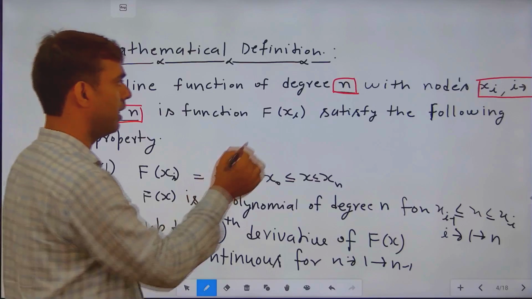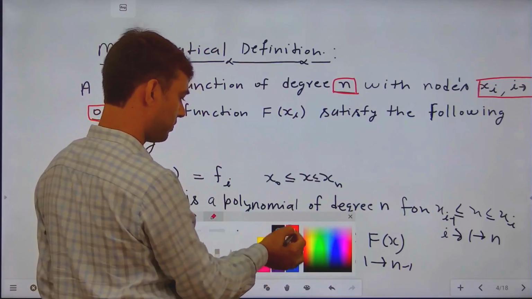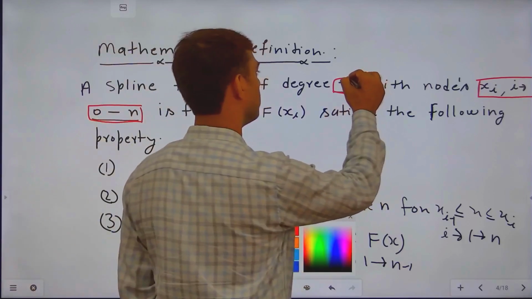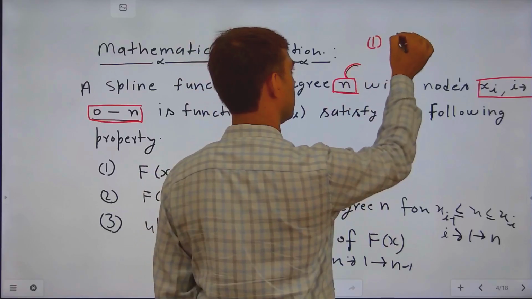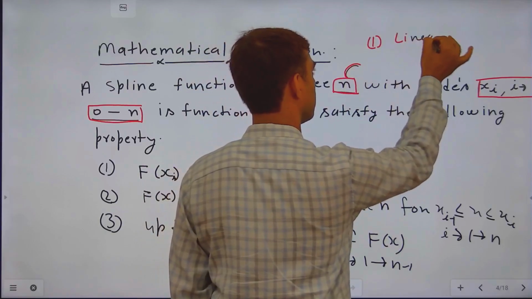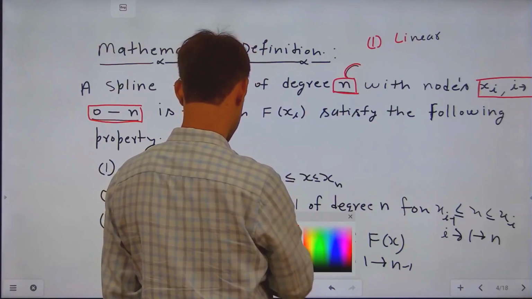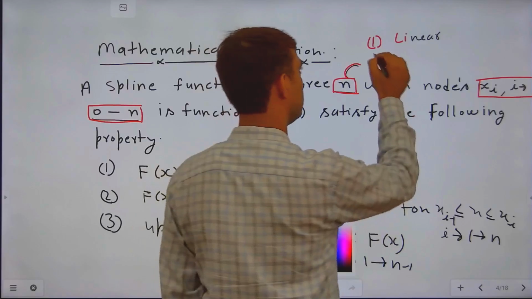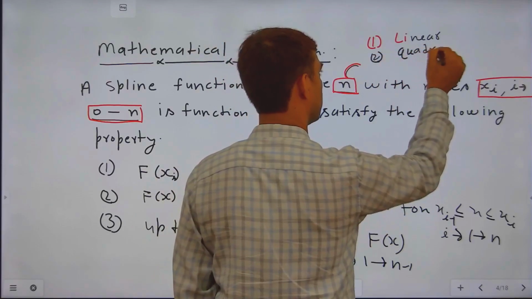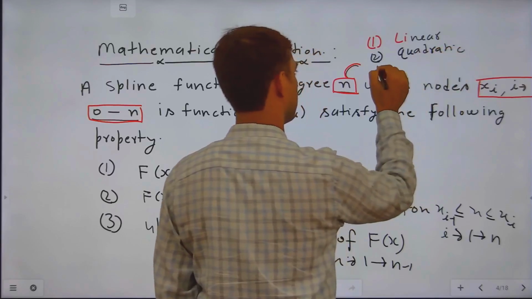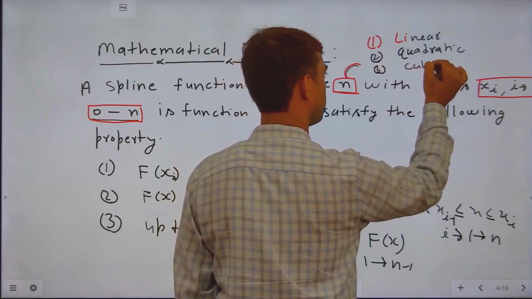If n is 1, then linear; if n is 2, then quadratic; if n is 3, then cubic spline function.